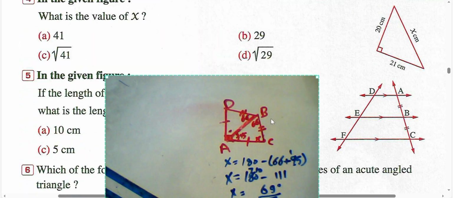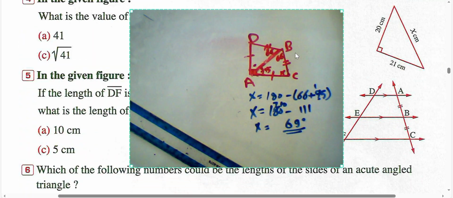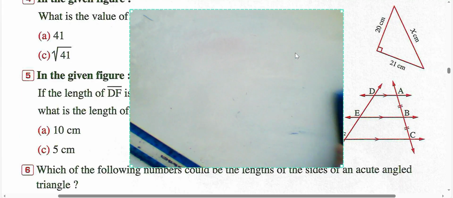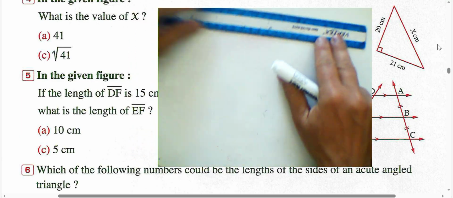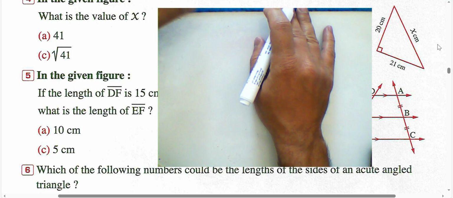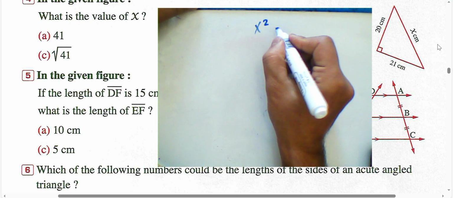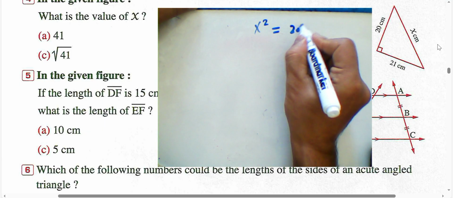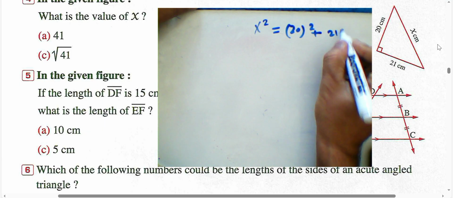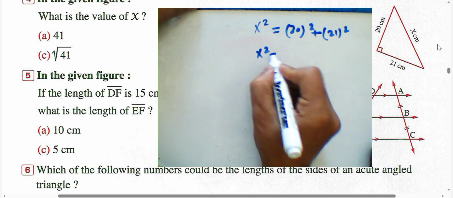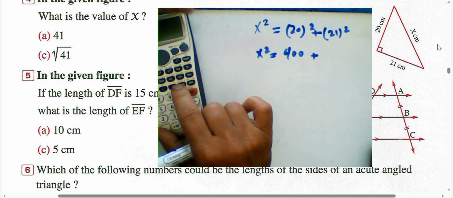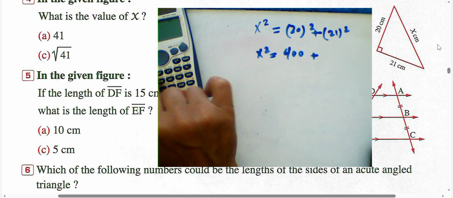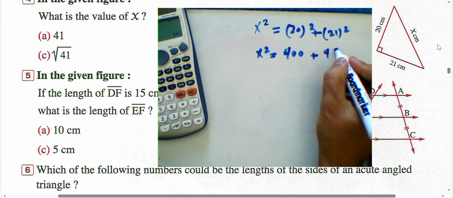Next question. From this figure we can find the length of x from the Pythagoras theorem. What is the value of x here? Look, we have a right angle triangle. Then hypotenuse squared, x squared, equals 20 squared plus 21 squared. 20 squared is 400 and 21 squared equals 441.